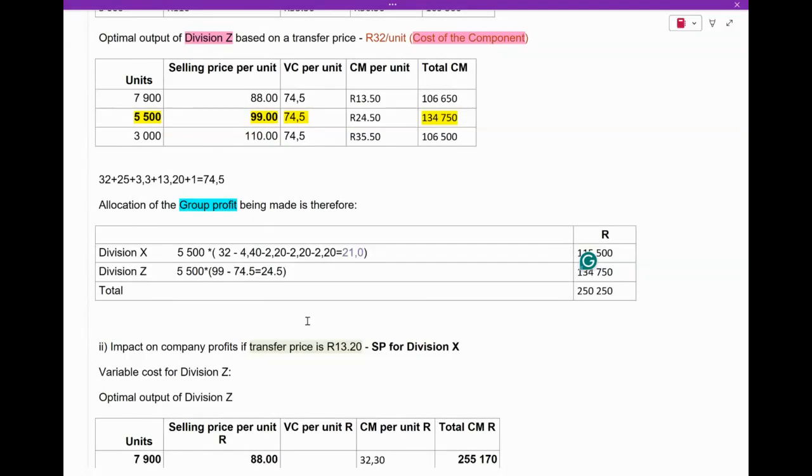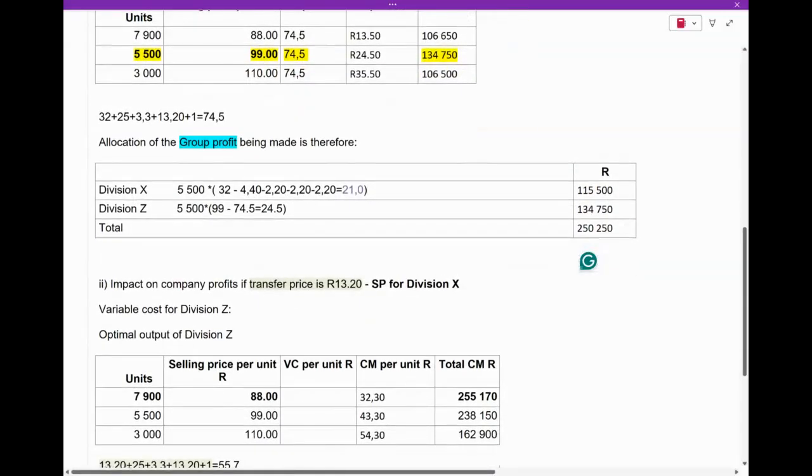You'll see it's exactly the same. Okay, and so we then have a contribution margin of 134,750 for Division Z, and you add those together and you obviously get your total contribution or profit.